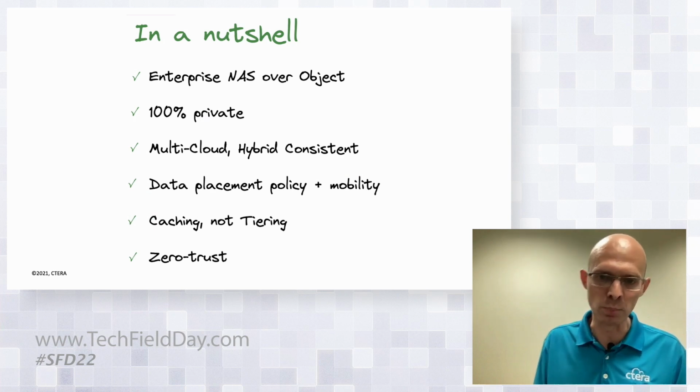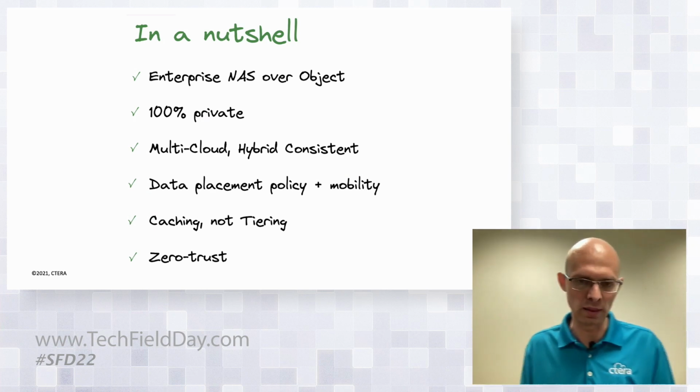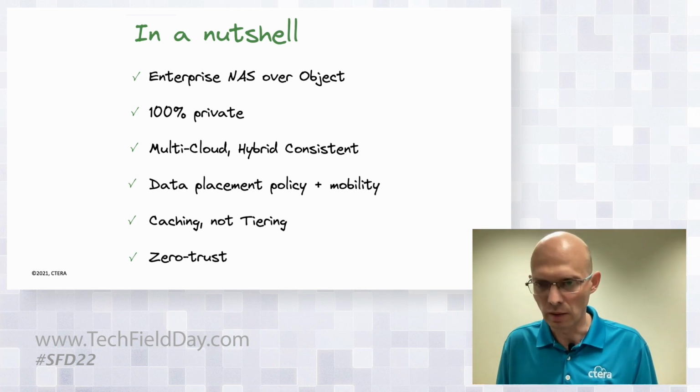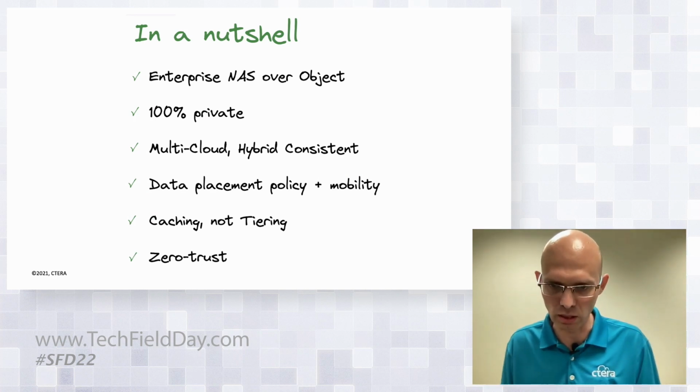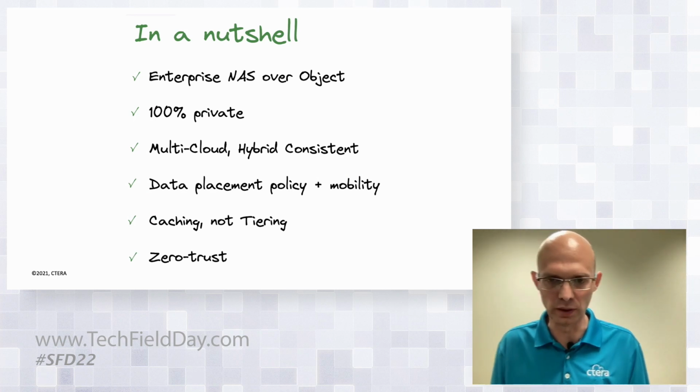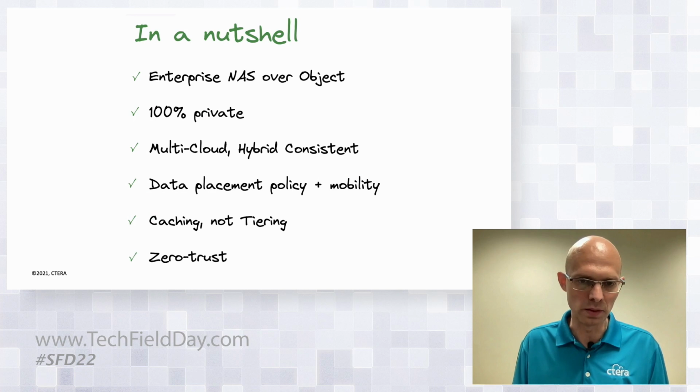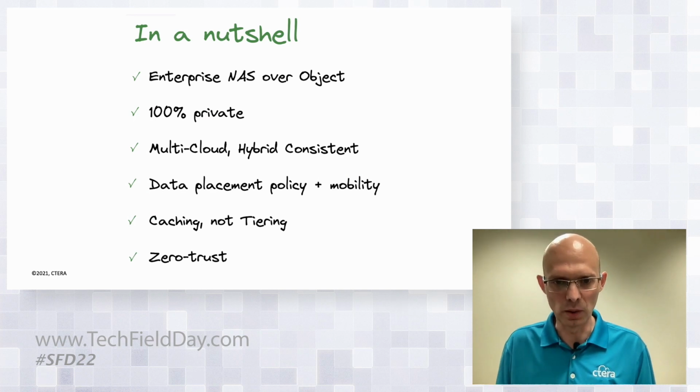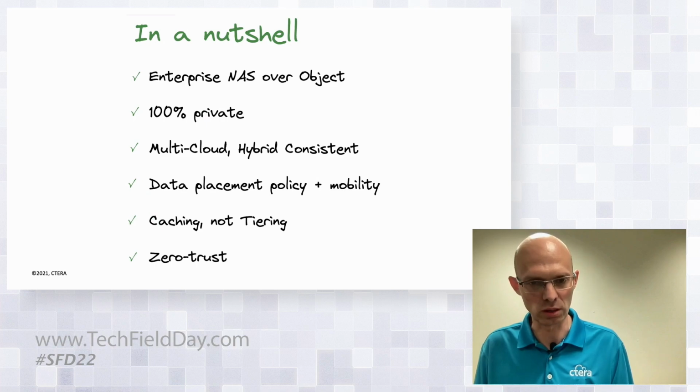It implements a hybrid consistency model comprising local strict consistency and eventual consistency between sites. It has the ability to do data placement policies, mobility of the data between the clouds, and it implements caching and not tiering, and the zero trust approach.